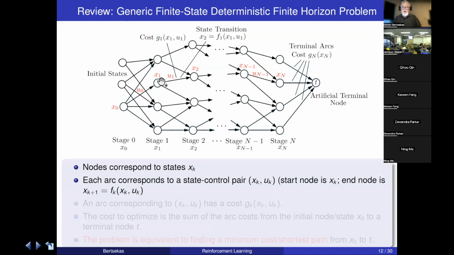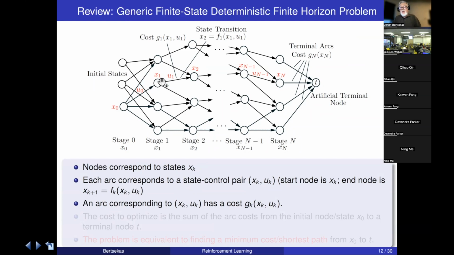And if you add the costs of these arcs, you obtain the cost of the sequence of controls. And the sum of these costs can be viewed as the length. Okay, I forgot to mention that for every pair, xk, uk, there's a corresponding cost.